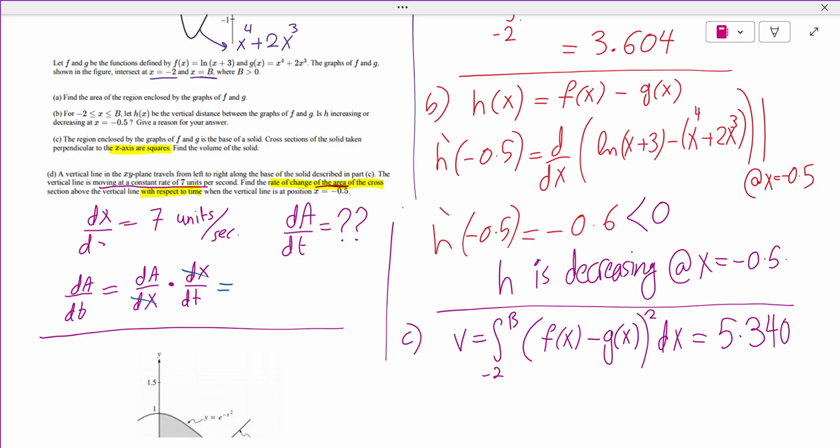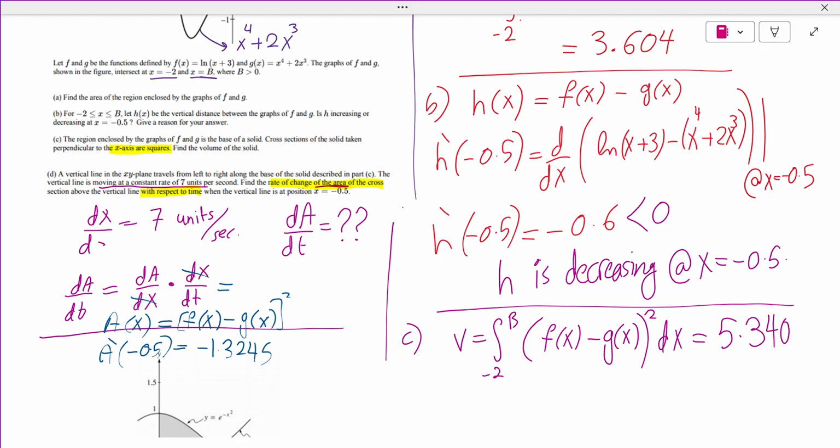Now, what is the area as a function of x? As a function of x, the area equals, we described it in the previous parts, f of x minus g of x, all squared, right? Now, if you find A prime of negative 0.5, it will be negative 1.3245, right?